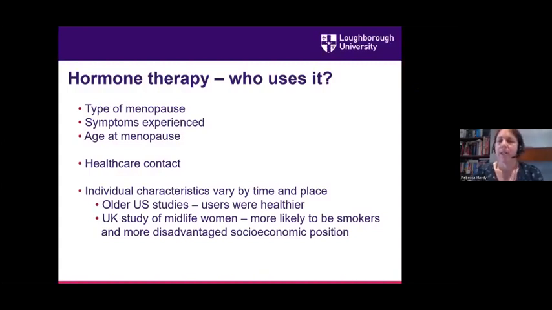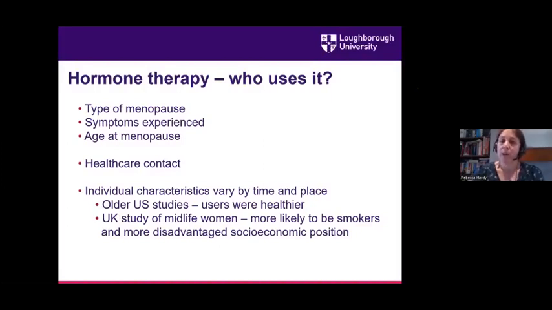Then there are also these individual characteristics of women's preference for taking hormone therapy. Now, these do vary by time and place. So the older US studies showed that users were definitely healthier. And that was probably why we saw all these original studies showing the benefits of hormone therapy on subsequent health.